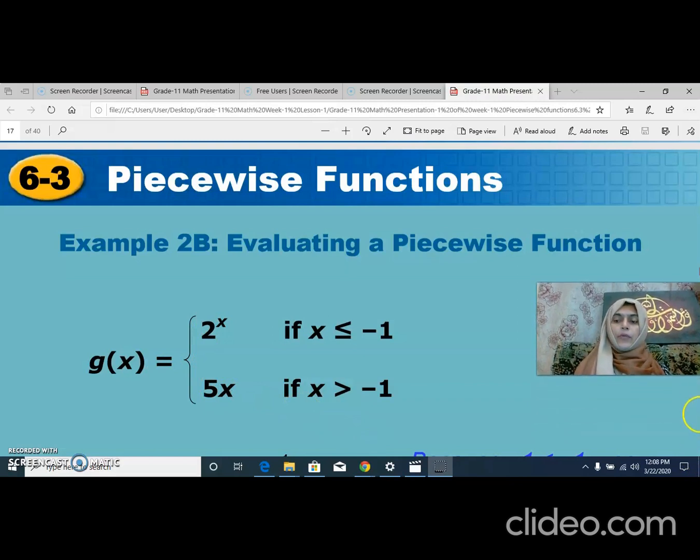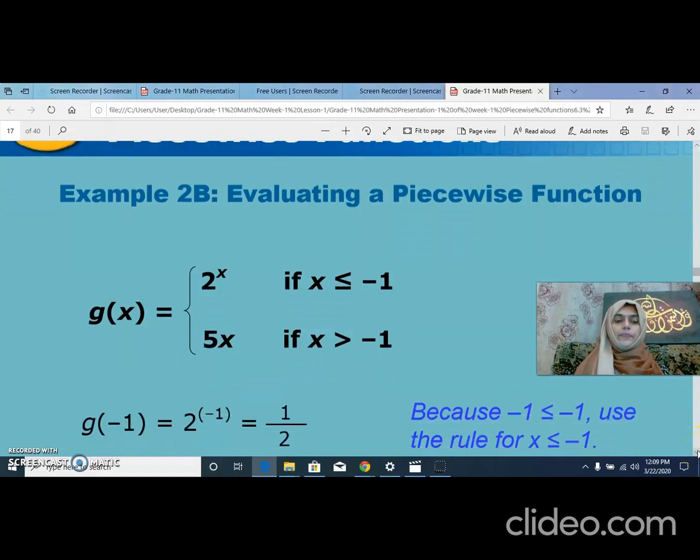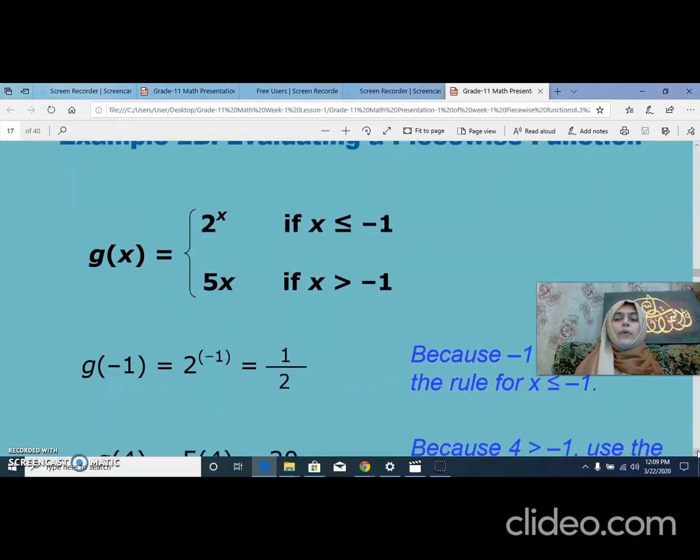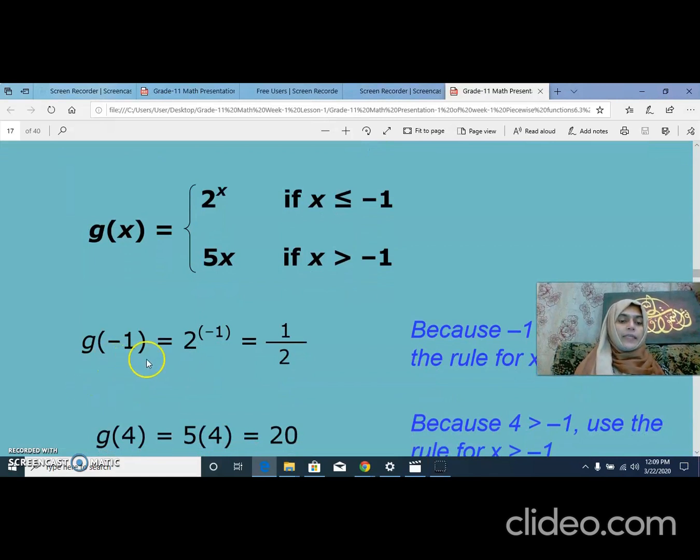So now we are going to evaluate. We need to evaluate g of -1 and g of 4. For g of -1, x is -1. Which rule would I choose? The one where I have equal to. This is crucial.